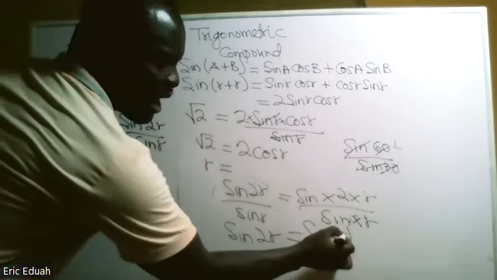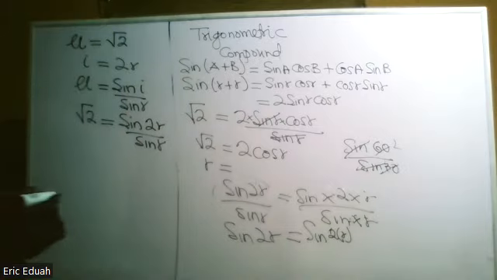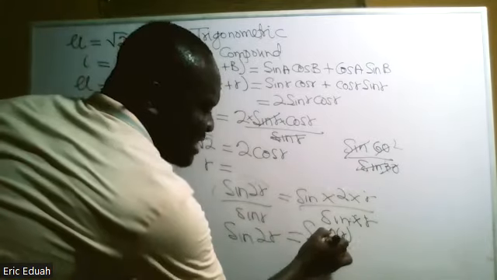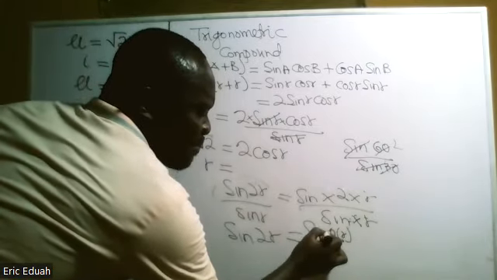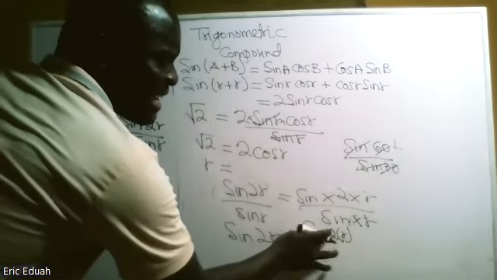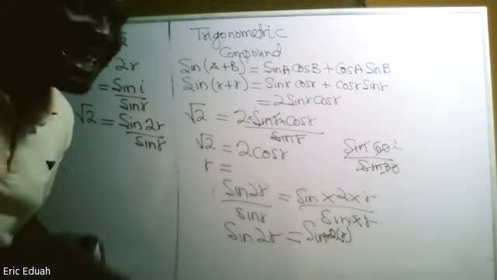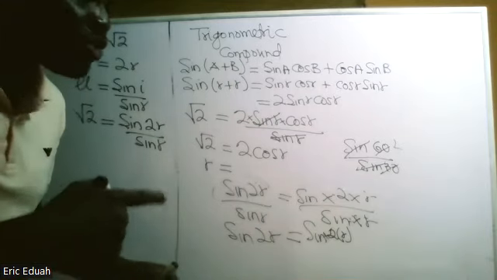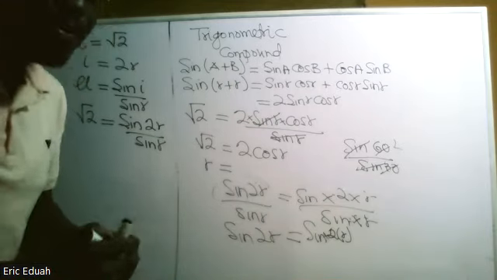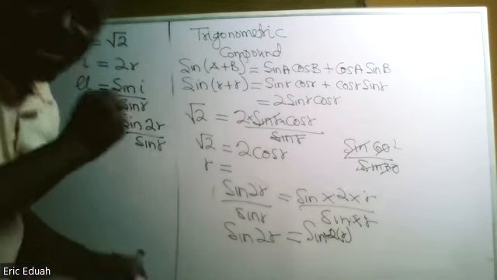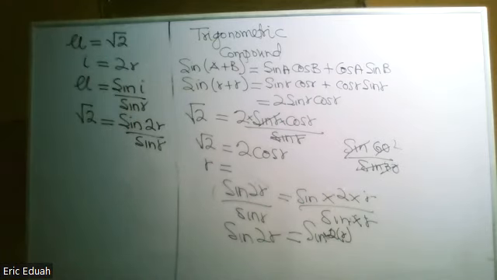So if r is 30, this will be 60. But 2r is not multiplying sine, it's a function. Sine 30 is not, the 30 is not multiplying sine. It is the sine of the angle.